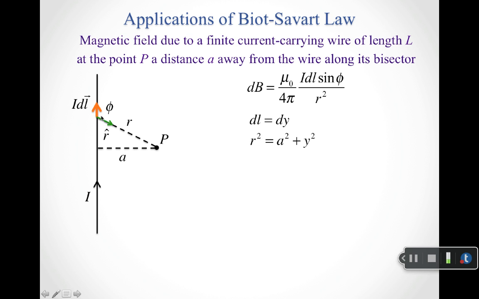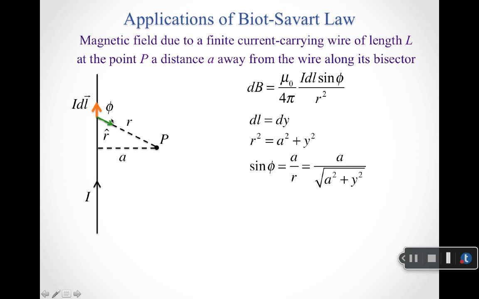R squared is just going to be this distance squared plus this distance squared, from the Pythagorean theorem. So basically I'm letting this be the x-axis, this be the y-axis, and the position of my current element happens to be at y. So this is y squared, this is a squared.